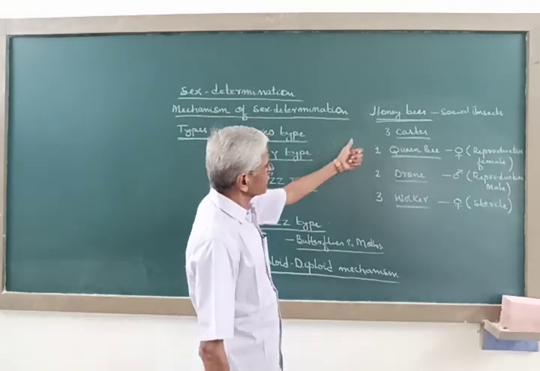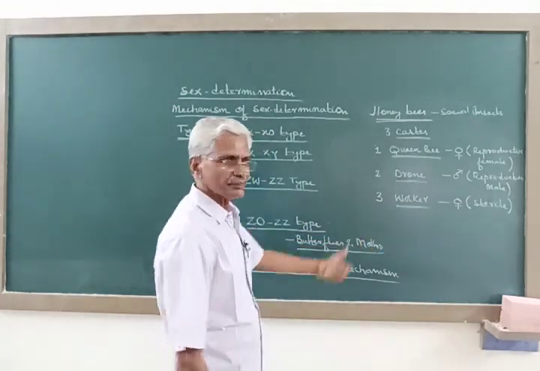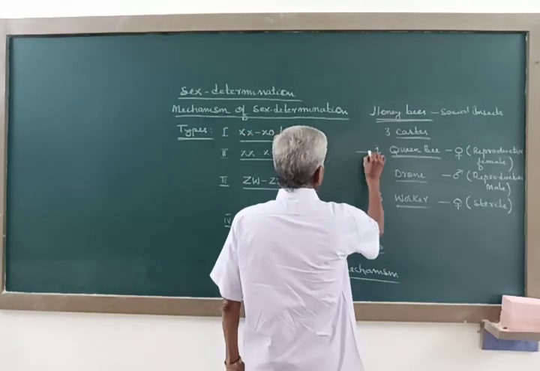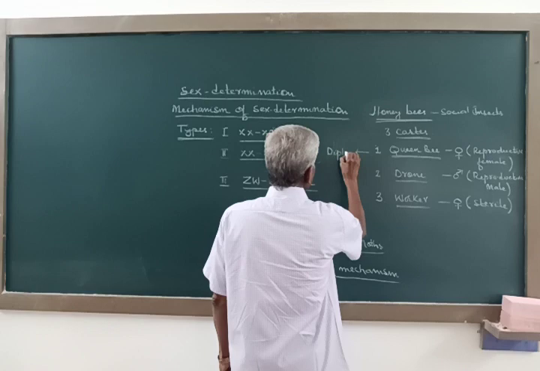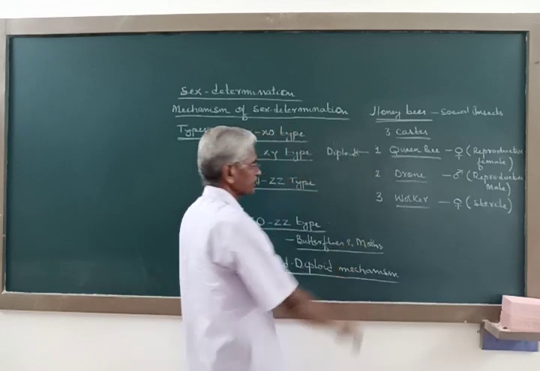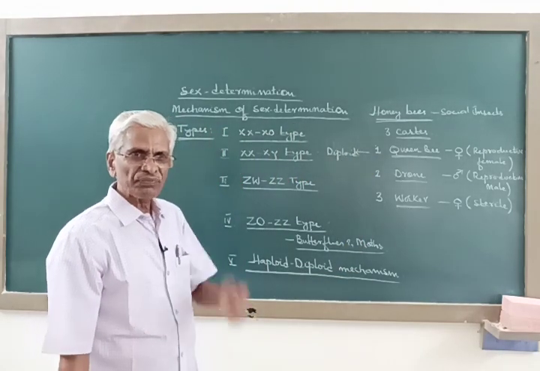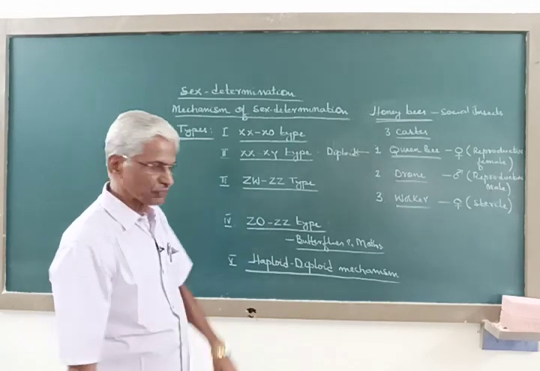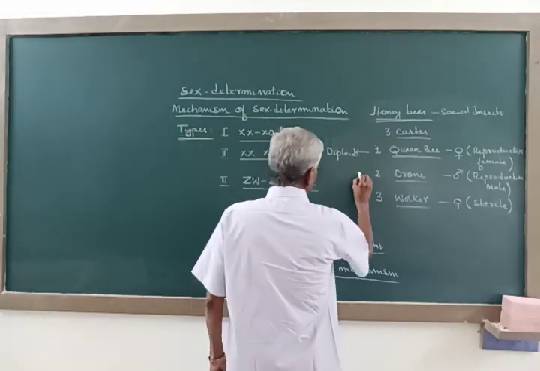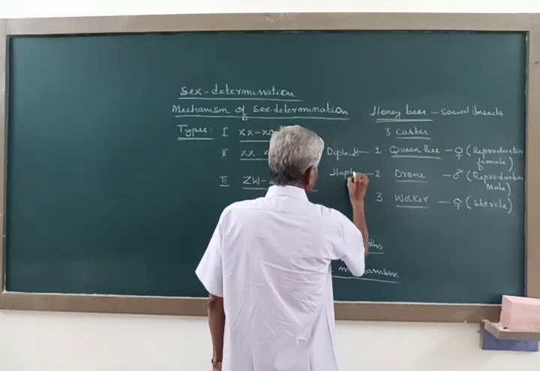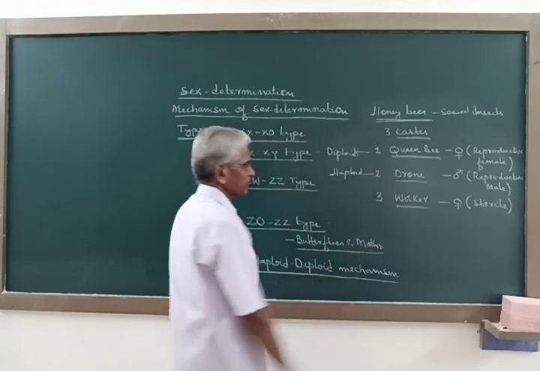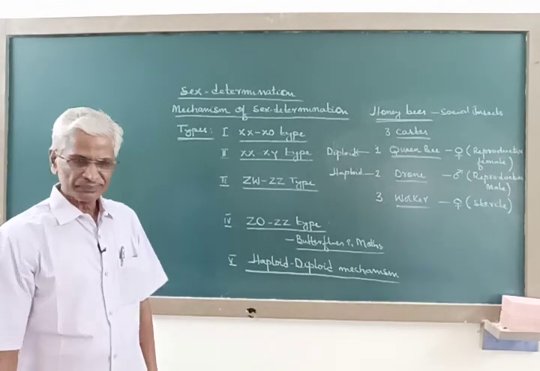Now here, genetically, what are they? Now, female is diploid, queen. Queen bee is a diploid female. It has 2 sets of chromosomes. Drone, it has a haploid number of chromosomes. It has only n number of chromosomes.